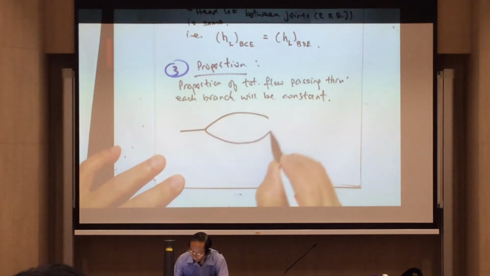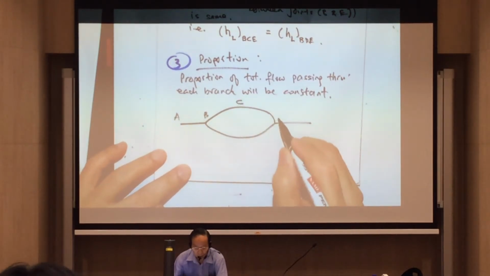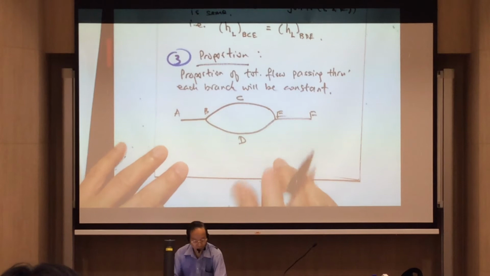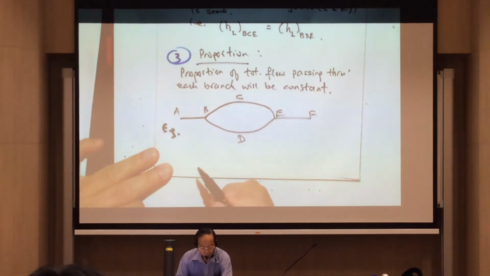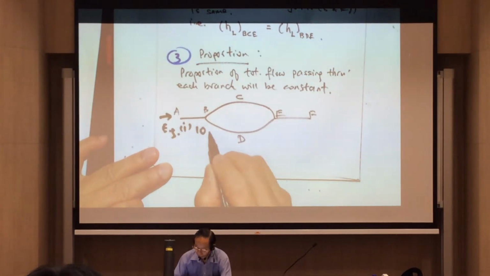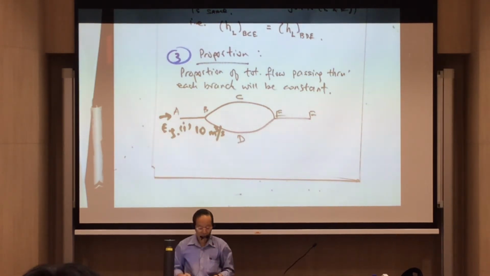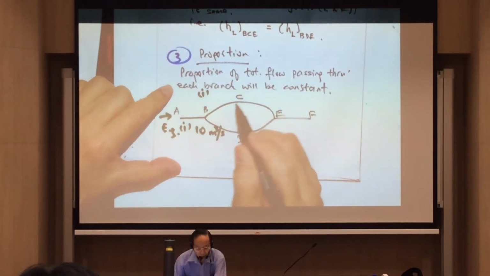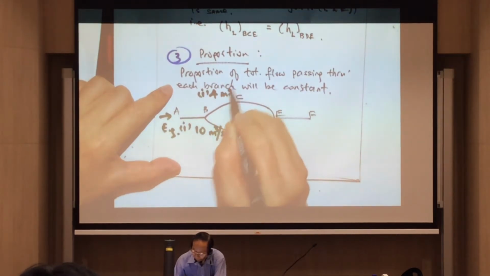This is your piping network, and you have A, B, C, E, F. This is D. If the flow along AB, let's say in the first instance, is 10 meter cube per second going into AB, and under case 1, 40% goes through BCE, so this will be 4 meter cube per second.